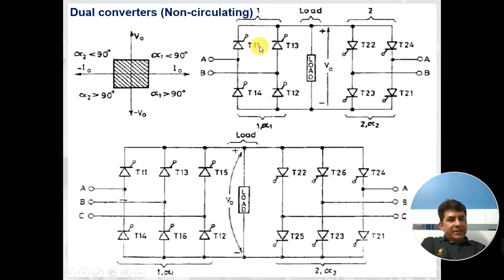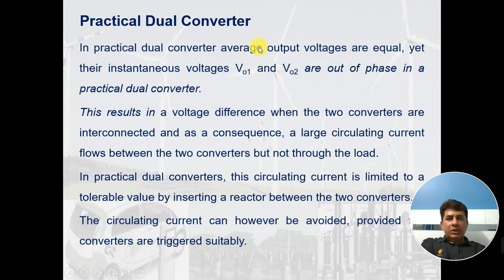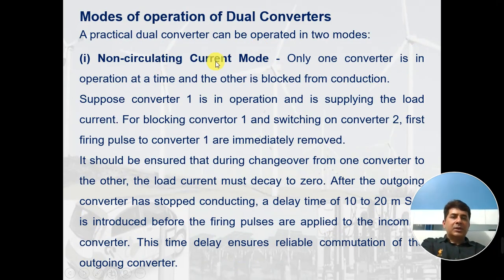When this is operated, now suppose we want to reverse the current, we will first remove the pulses from here, then we'll give a break of 10 to 20 milliseconds so that all these thyristors get commutated properly, and then we shift the current to this converter. That means then we fire these thyristors. So if at a time one converter is operating, the operation is called non-circulating current mode.